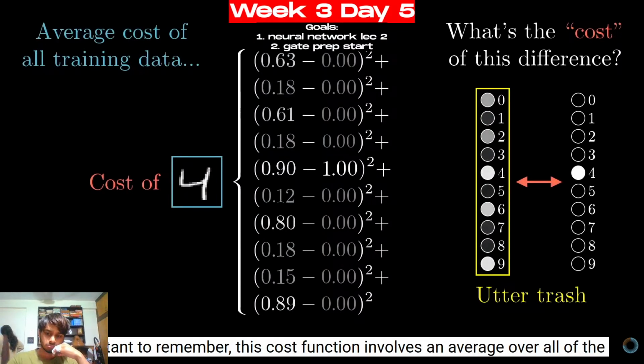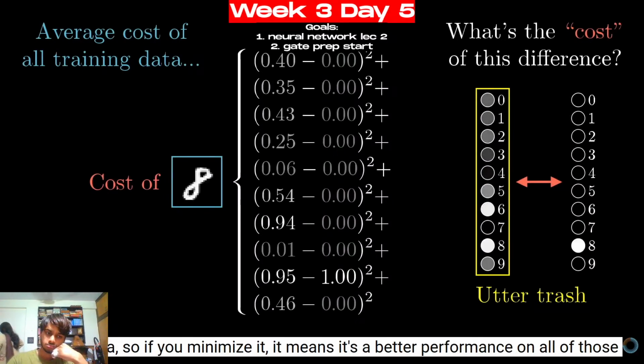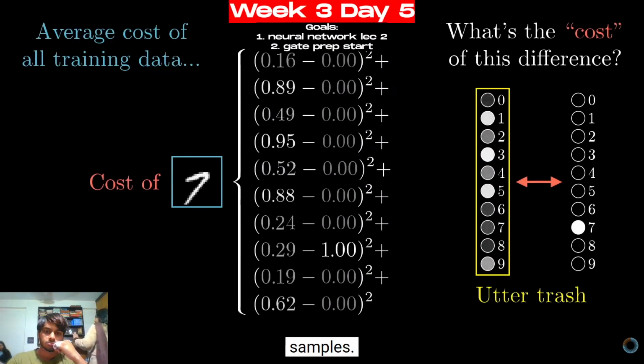It's important to remember, this cost function involves an average over all of the training data, so if you minimize it, it means it's a better performance on all of those samples.